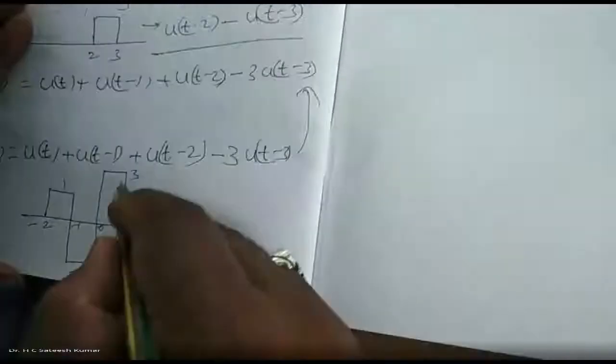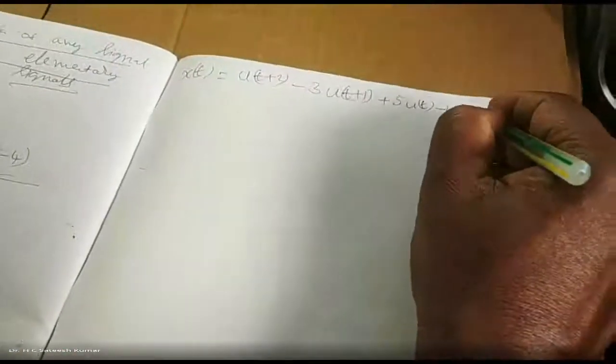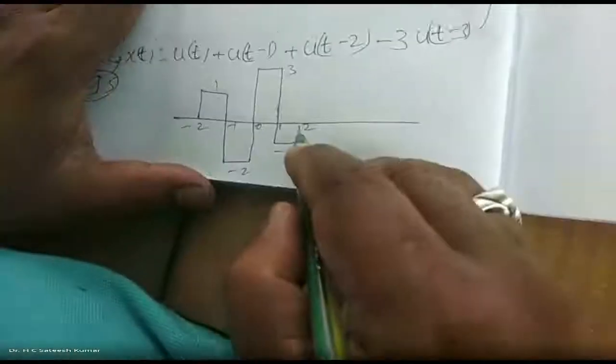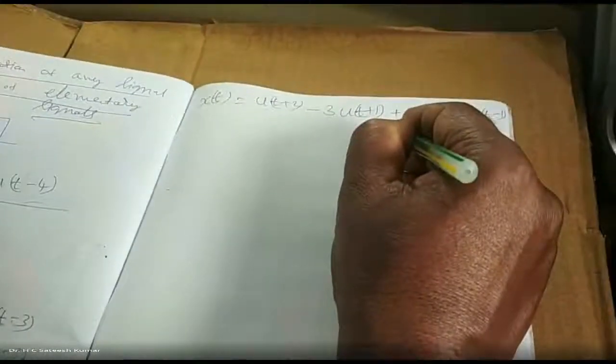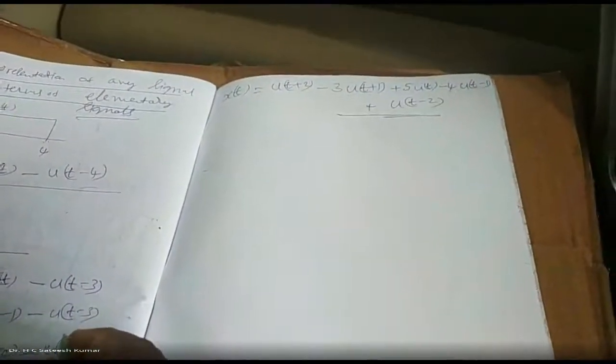Next, at 1 fall by 3 plus 1, 4 units, minus 4 u of t minus 1. Next, at 2 up by 1 unit, plus u of t minus 2. That's how we should do it. That is the way we can do this kind of problems. These kind of problems are very easy to do.